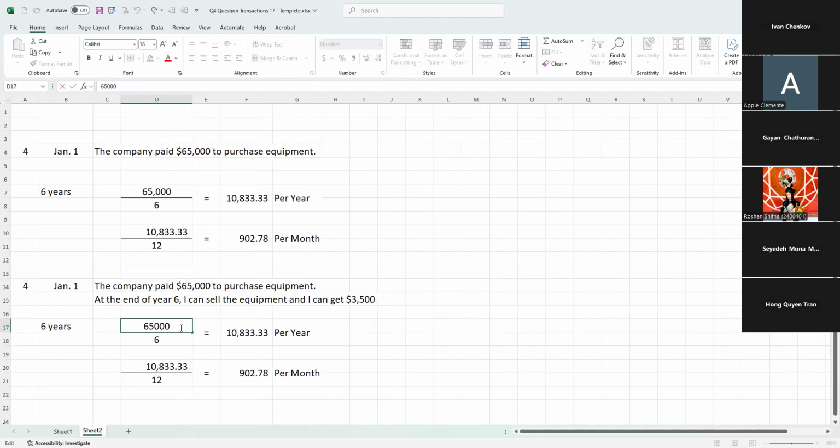So what I have to do here is subtract $3,500. And if I do that, my calculation changes here. I'm going to have 65,000 minus 3,500, in brackets, divided by 6.